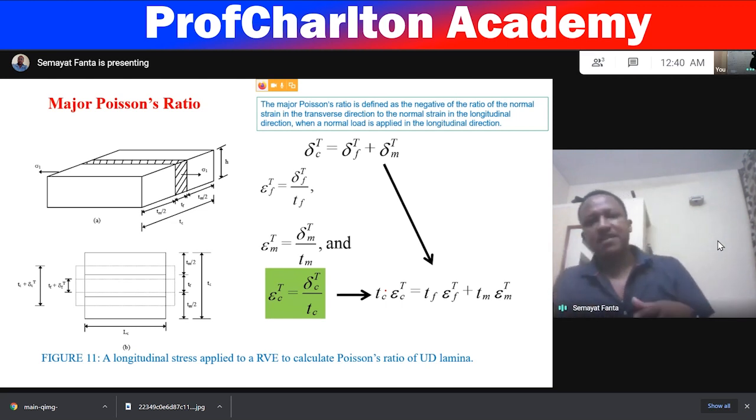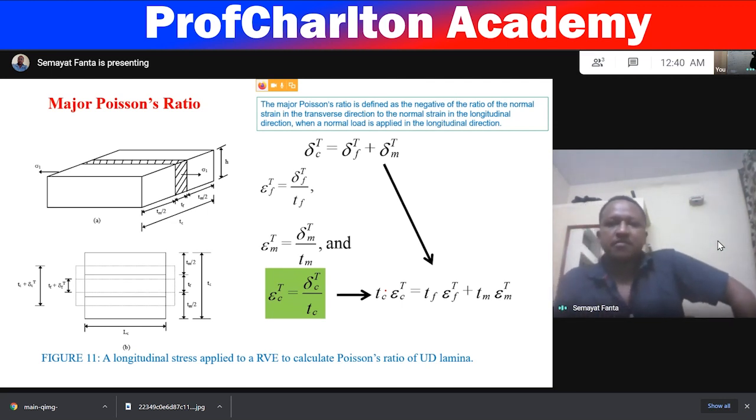This happens because of the presence of the Poisson effect. That Poisson effect is represented with the help of the Poisson ratio.